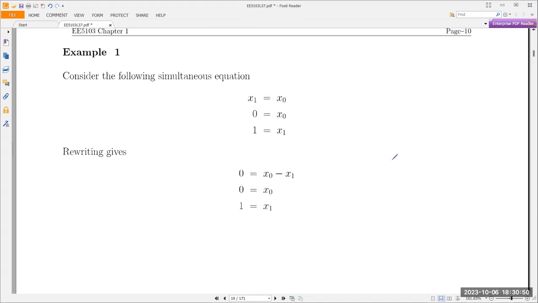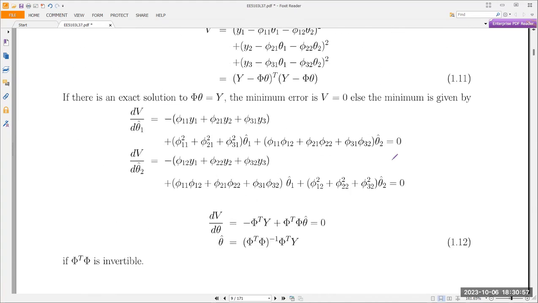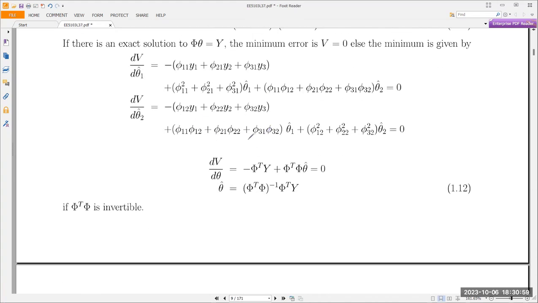Just a simple example so that at least you have some numbers to substitute. Before I go on, now you get this, and I think this is trivial.